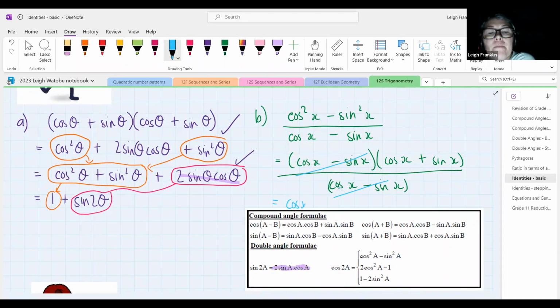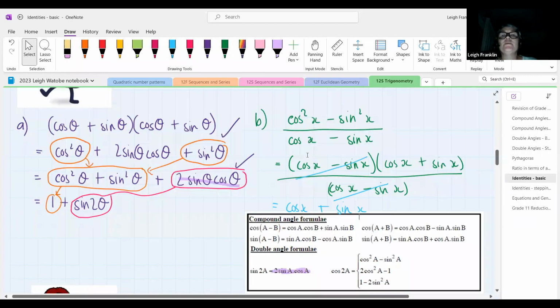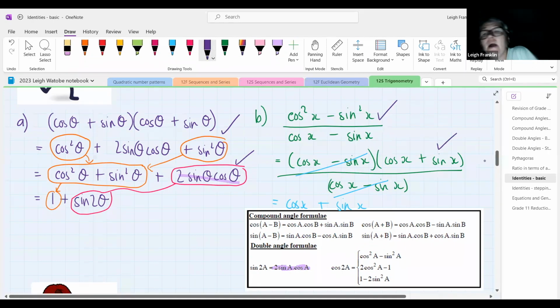Lovely. And that's equal to the right-hand side. Very nicely explained. That was brilliant. Well done. Okay, so a mark for that. Definitely a mark for factorizing, possibly even a mark for cancelling down.